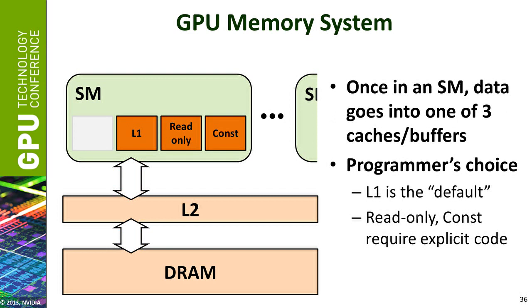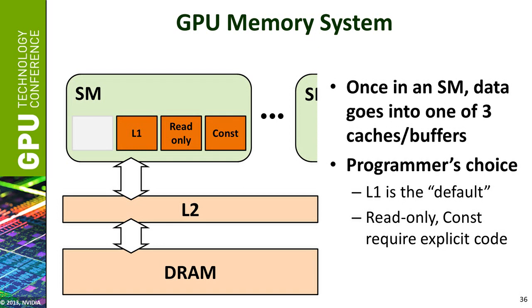Okay, now once data gets to the SM, let's say it started in DRAM, went through L2, went to the SM. Now that's where we have these three different caches or buffers. And that's really the only place where texture memory, global memory, and constant memory make a difference, because those logical memory spaces go through slightly different paths, but all those paths are on the SM. And really the only question is what kind of bandwidth these buffers or caches have, and how big they are.